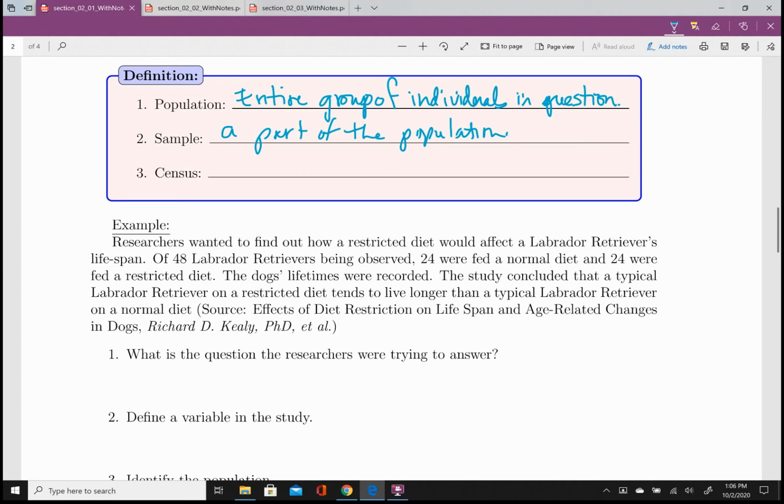And the way that you take your sample and what you do with your sample, well, that opens up a whole discipline, basically, within the exercise of statistics.